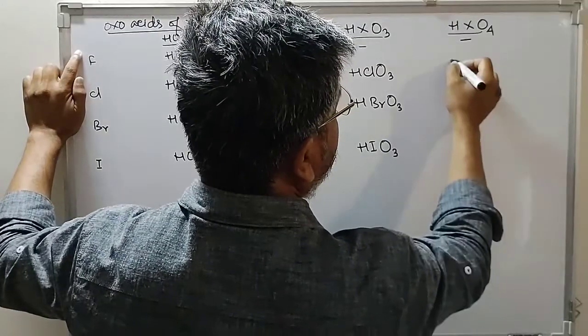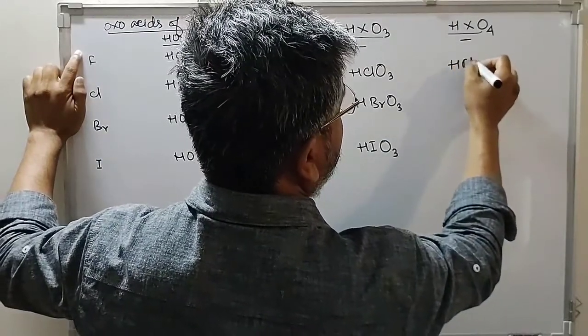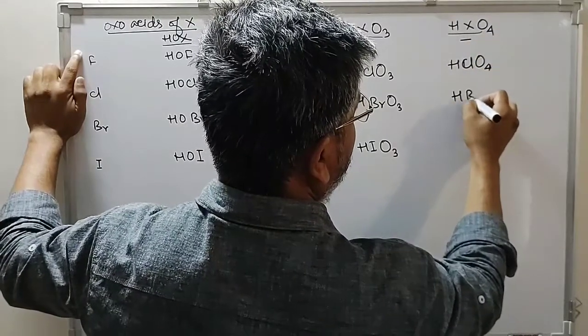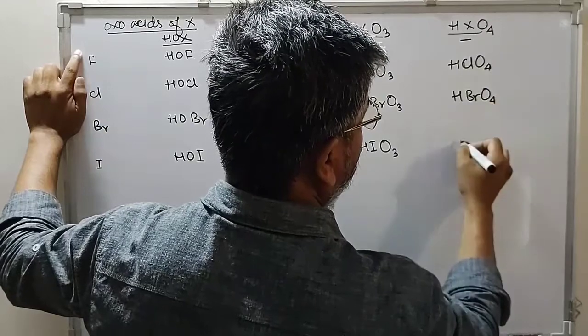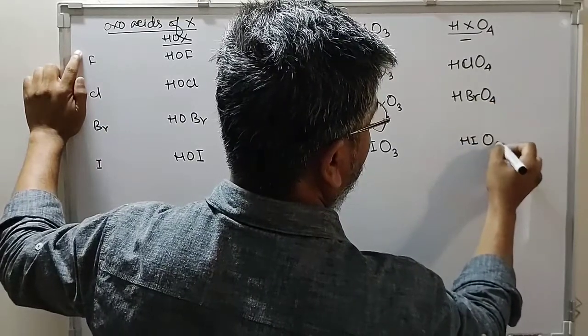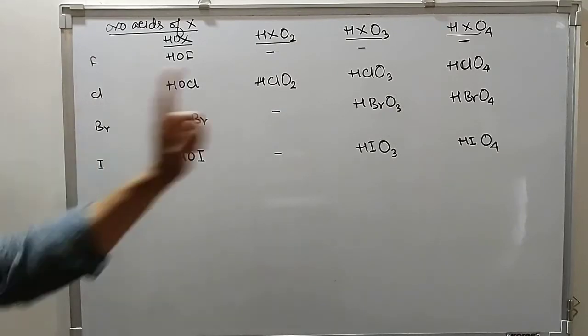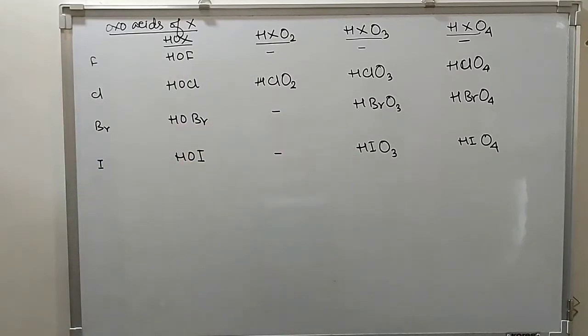Chlorine, bromine and iodine form this series of acids, HClO4, HBrO4, HIO4. So these are the various oxoacids formed by these halogens.